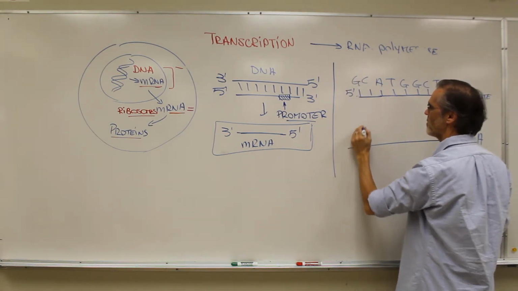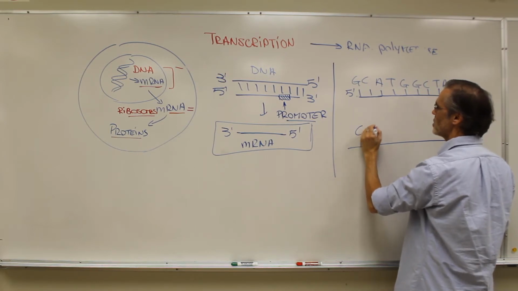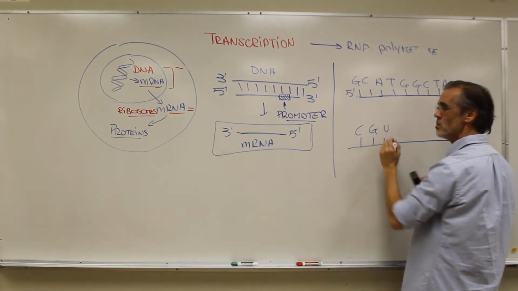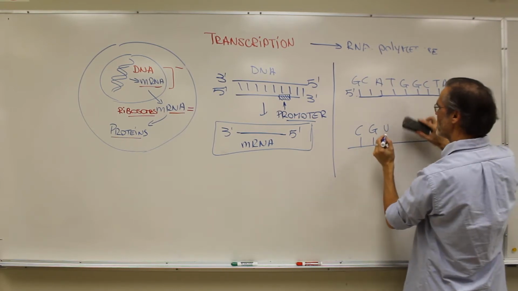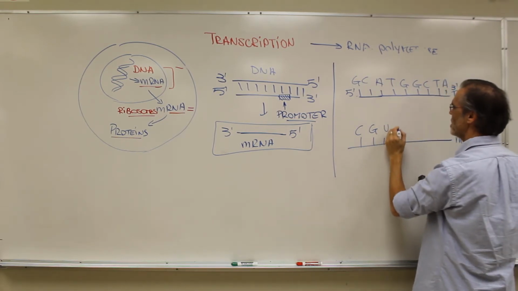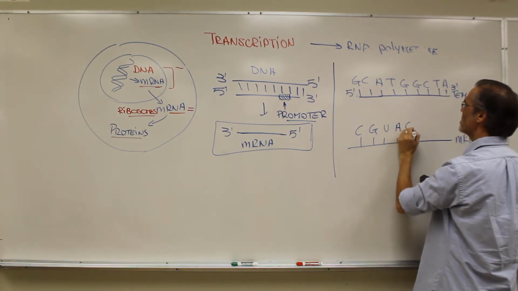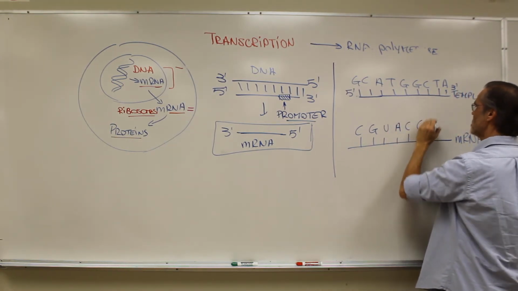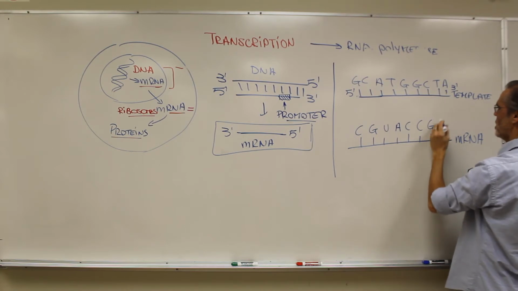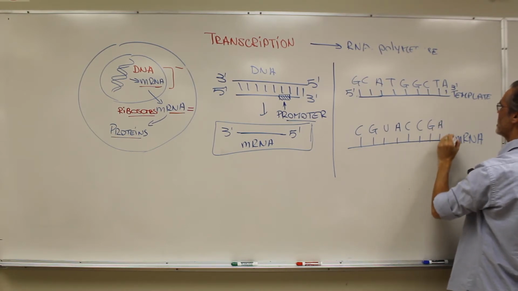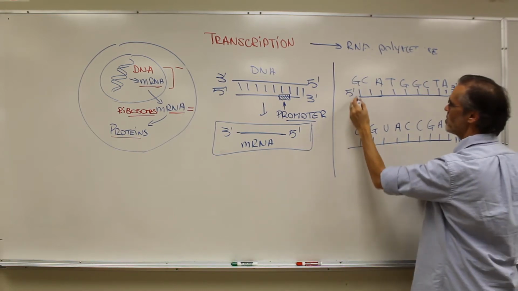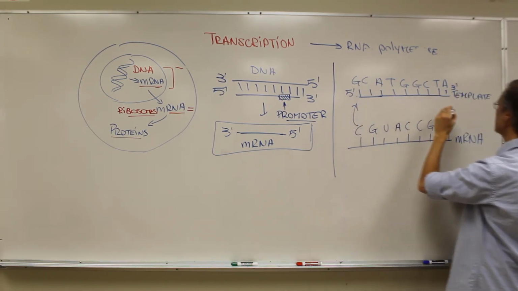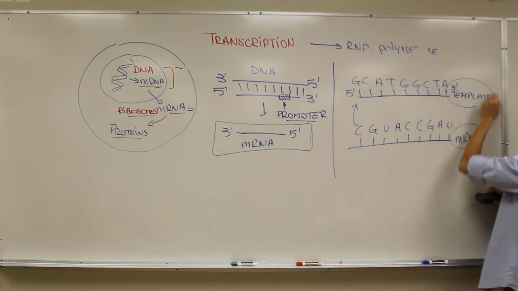So it's going to have C, G, U, remember, and then A, C, C, G, A, and then U right here. So you see this is complementary, right? The template strand and the mRNA have a complementary structure.